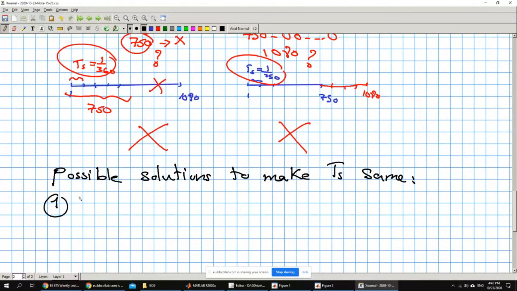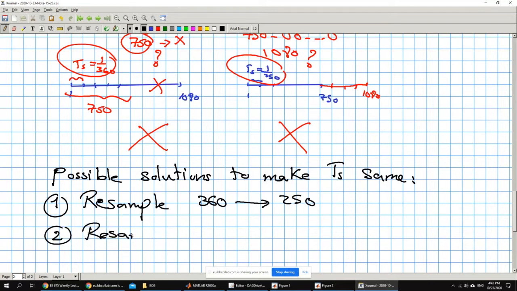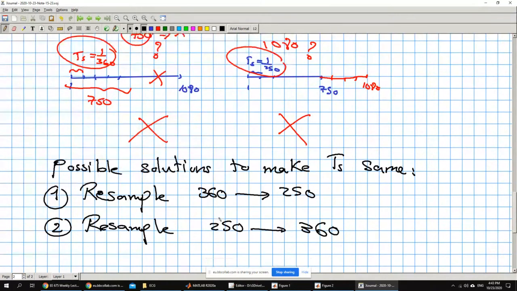Number one, resample the samples with 360 to become 250. The second solution is resample 250 to become 360. Which one of these would be a better solution?